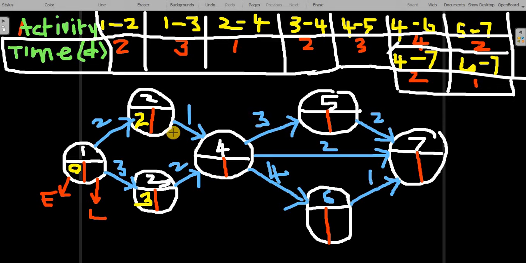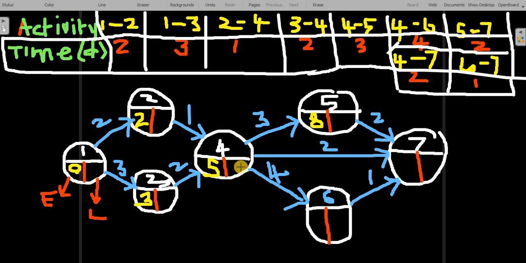So 5 we have to write here. Don't write 3; the maximum earliest time we have to write. Here no problem, only 1 arrow is ending, so directly we can put 5 plus 3, 8.